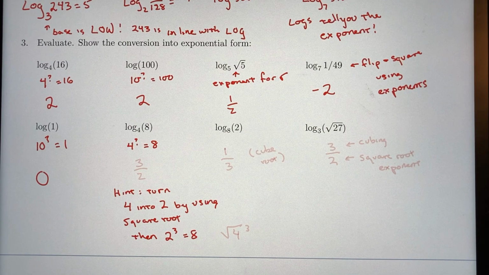So the combined exponent is, let's see, what is the exponent for square root of 4 cubed? That would be 3 halves.